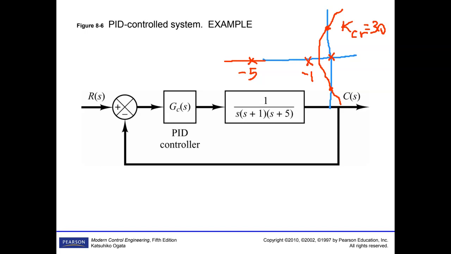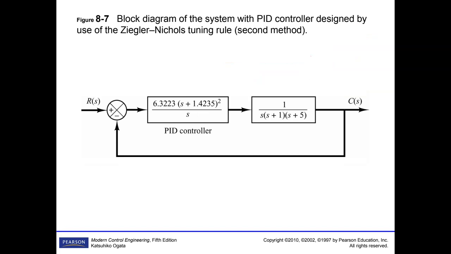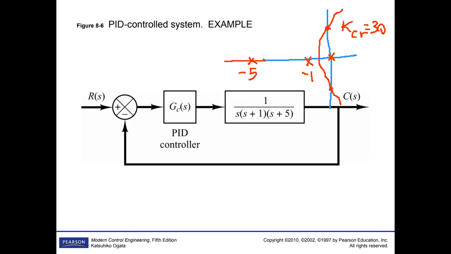I come back to this figure. So we obtain Kcr by using Routh's stability criterion. You remember that equation. So Kcr is 30, already obtained.